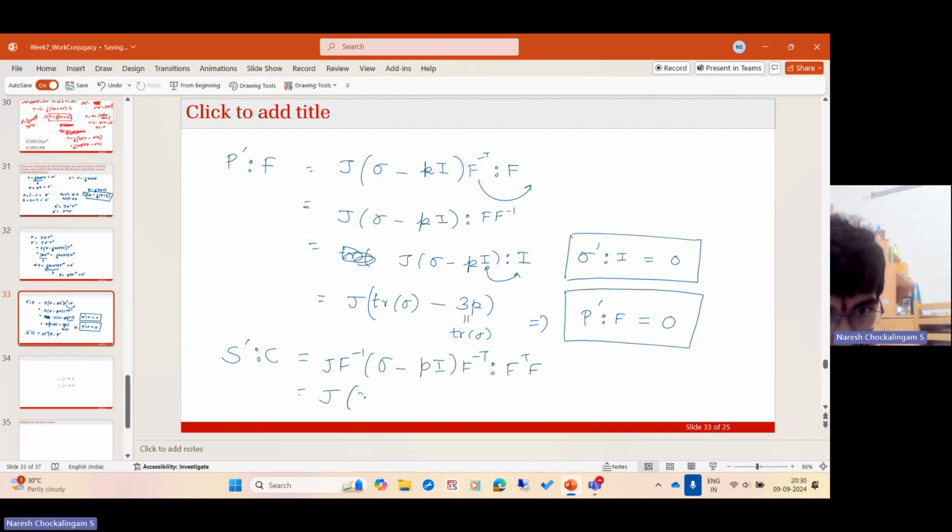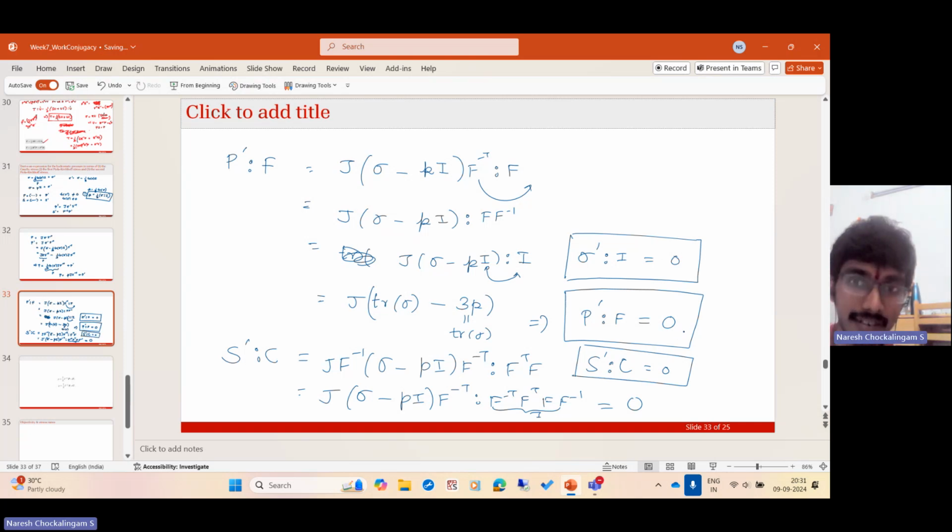So you get J sigma minus Pi F inverse transpose, you get an F inverse transpose F transpose F inverse. This is basically I, and this expression is the same as this one. So this is 0. And the third expression is S dash contracted with C is equal to 0.